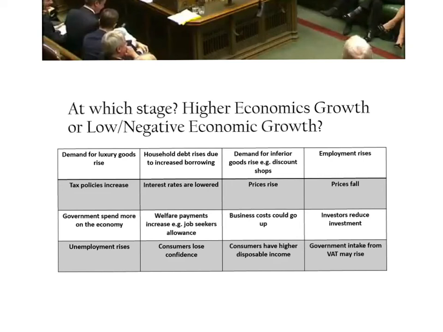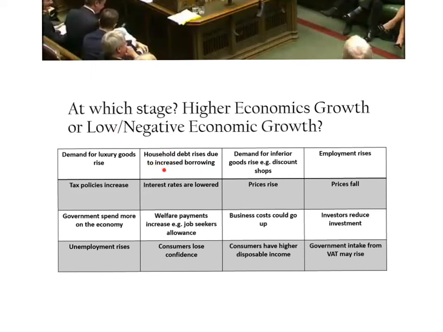Also, if we think about other factors, so if you think about employment rising, we know that would happen when there's high economic growth because of the need for employment because of higher demand for goods and services. What we may find is household debt rising due to increased borrowing. We might find that in negative economic growth or low economic growth.